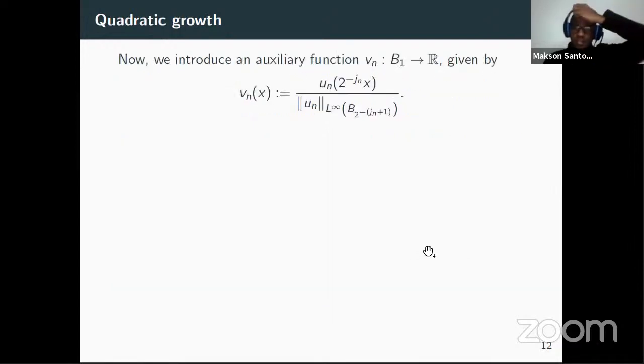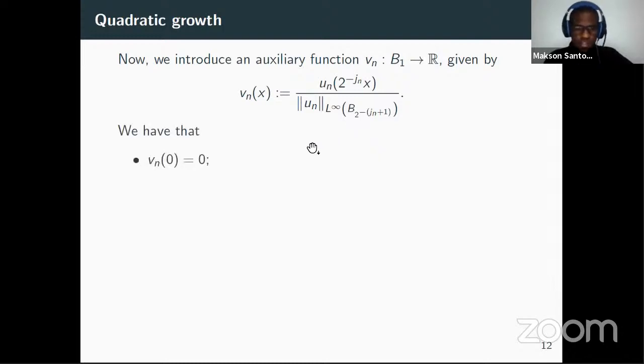Okay, what we do now is we introduce this function Vn, and we notice that it satisfies some properties. The first one is that Vn of 0 is 0. Recall that 0 belongs to the interface. Using the definition, we can say that the density of the negative part of Vn goes to 0 as n goes to infinity.